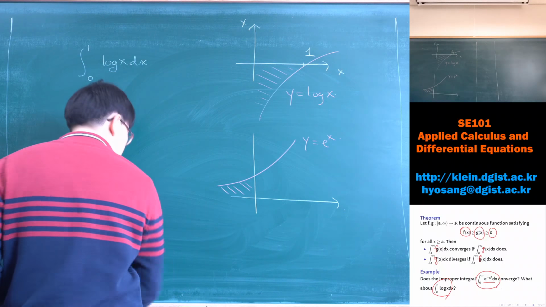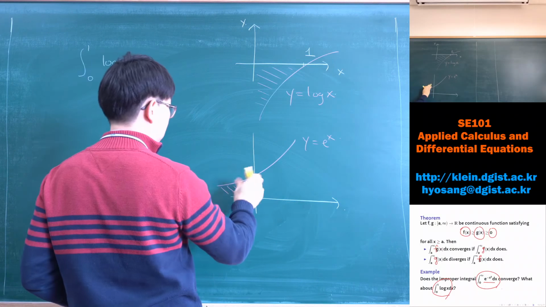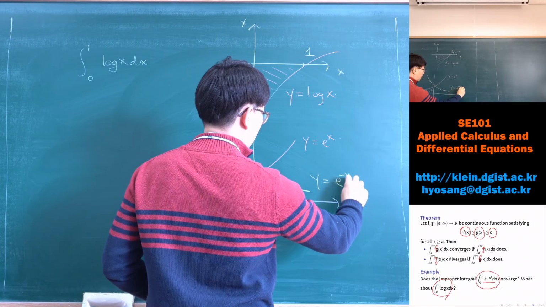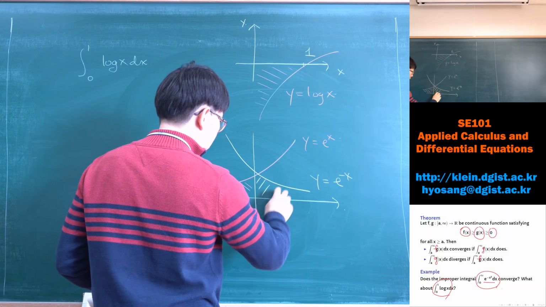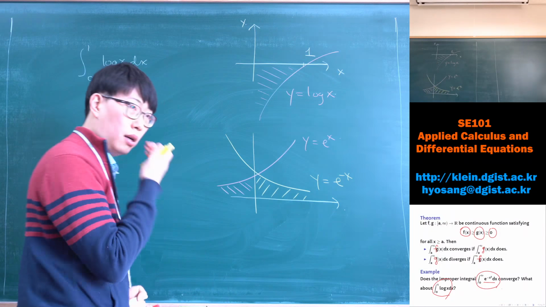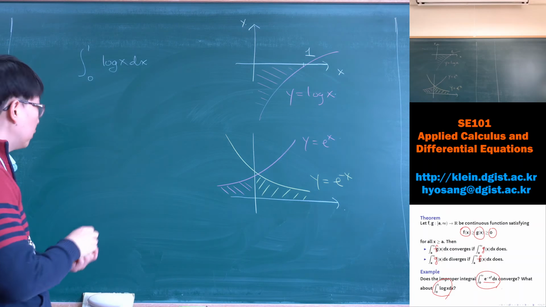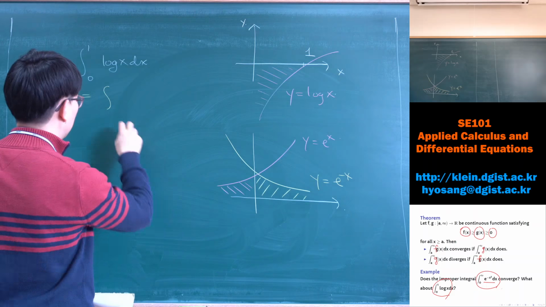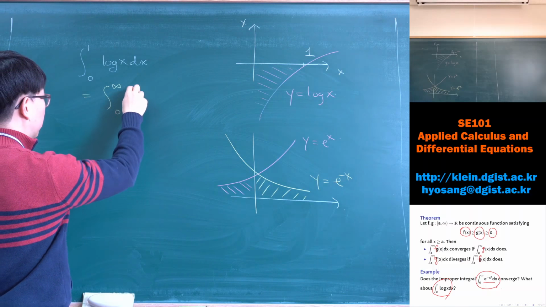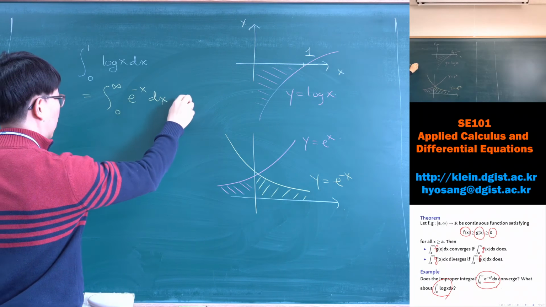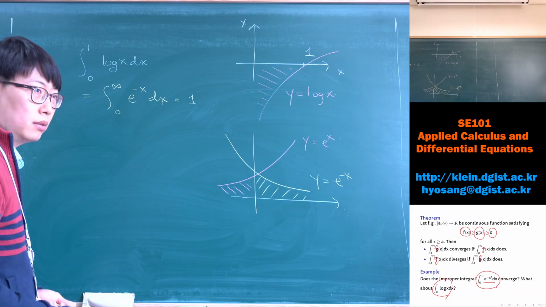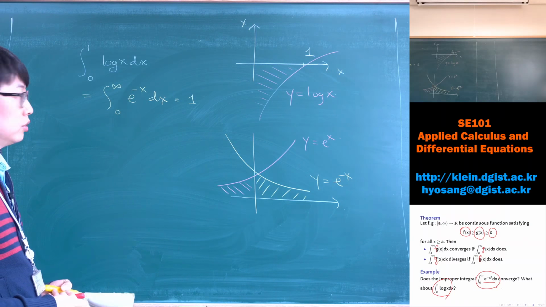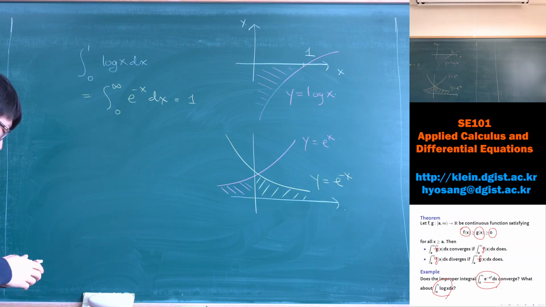Or if you take the mirror image, then you can take e to the minus x, and this yellow area is the area under the log function, right? So you can imagine that this should be equal to the integration from 0 to infinity of e to the negative x dx. And that's simply 1 by simple calculation. So you can imagine that this is converging. This improper integral converges.